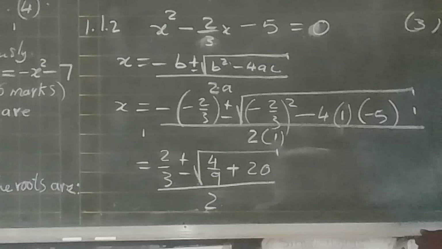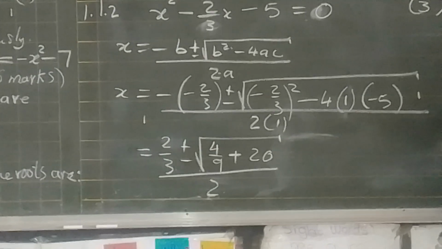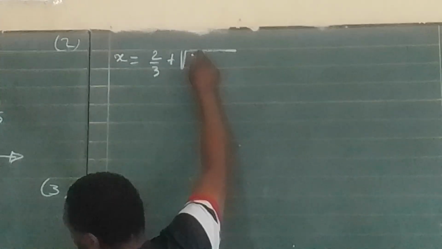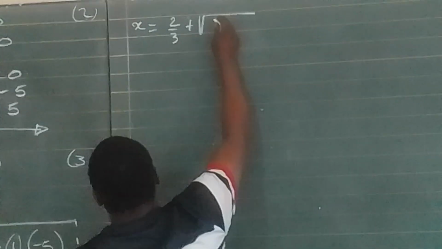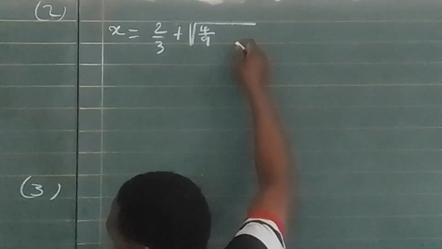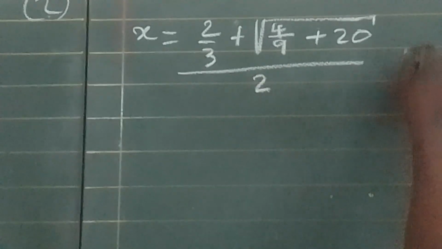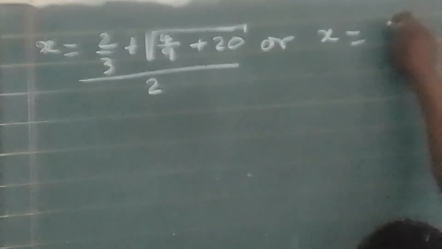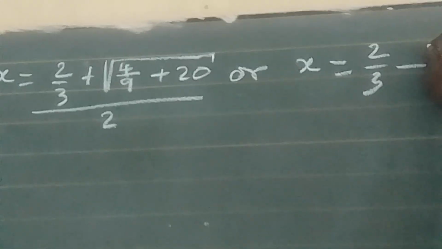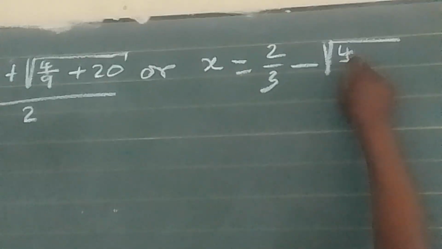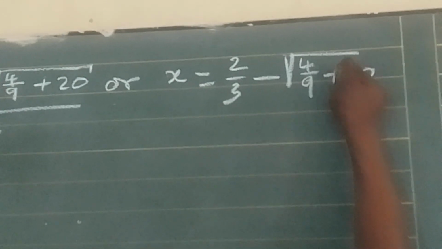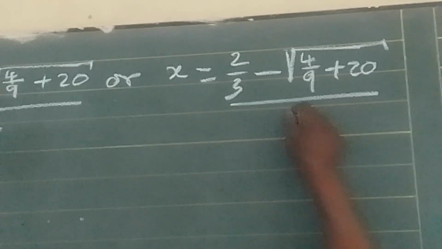Let's write it here. X is the first part as 2/3 plus a square root of 4/9 plus 20 divided by 2, or x is equals to 2/3 minus the square root of 4/9 plus 20 all divided by 2.